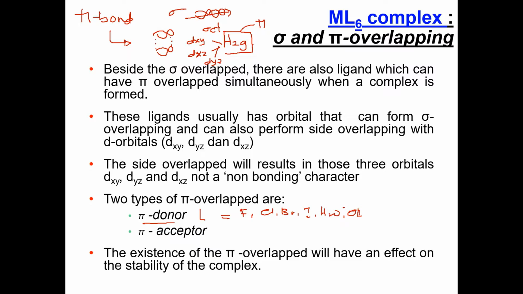While for the pi acceptor ligand, the examples will be CO, CN, NO, bipyridine, or biphenyl, and etc.